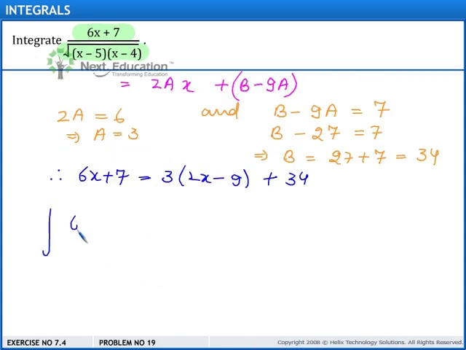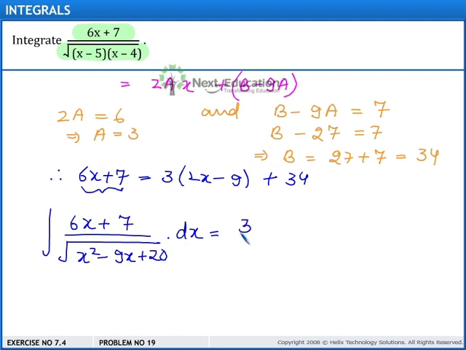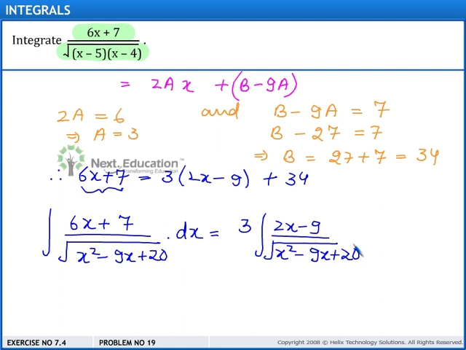Therefore, the integral of (6x + 7) divided by the square root of x² − 9x + 20 dx can be written as, replacing 6x + 7 by 3(2x − 9) + 34, we have 3 times the integral of (2x − 9) divided by the square root of x² − 9x + 20 dx plus 34 times the integral of 1 divided by the square root of x² − 9x + 20 dx.